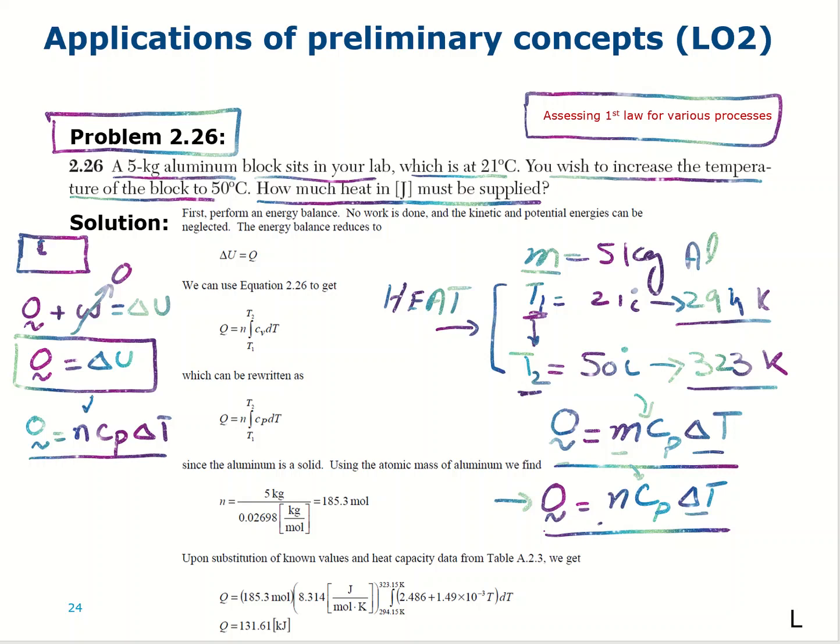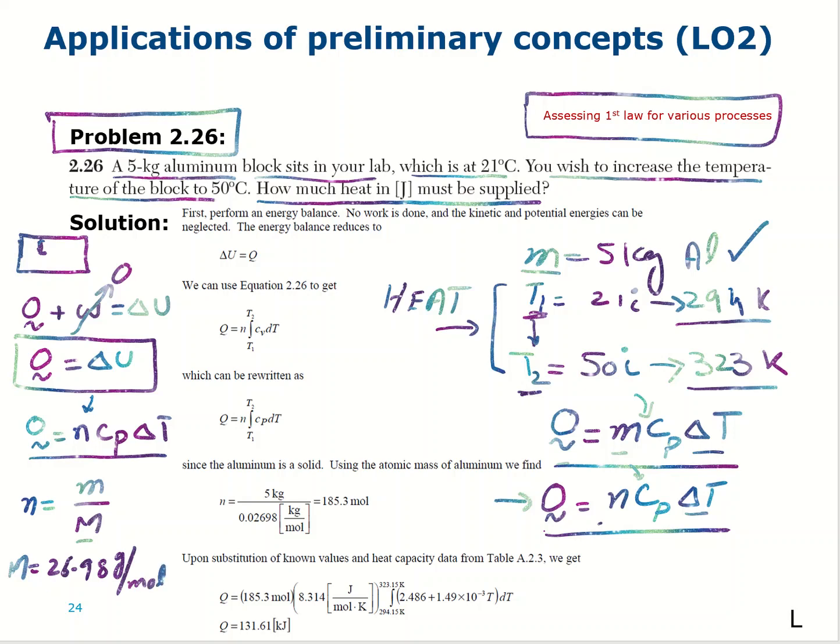First, we need the number of moles. Number of moles is equal to mass over molecular weight. How much is mass? We have 5 kilogram. The molecular weight of aluminium is 26.98 gram per mole.